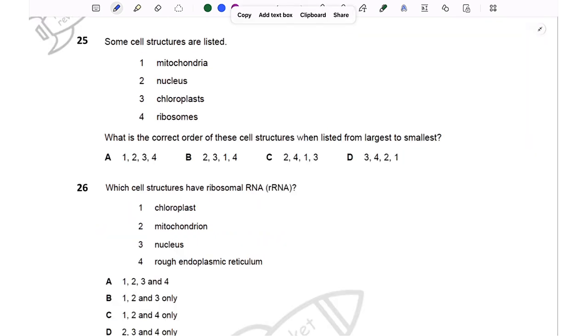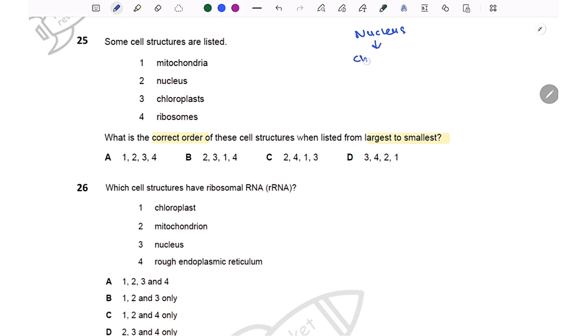Some cell structures are listed: mitochondria, nucleus, chloroplast, and ribosomes. What is the correct order of these when listed from largest to smallest? So remember I said earlier that nucleus is the largest, then you'd have the chloroplast, you'd have the mitochondria next, and then the smallest is usually ribosome.